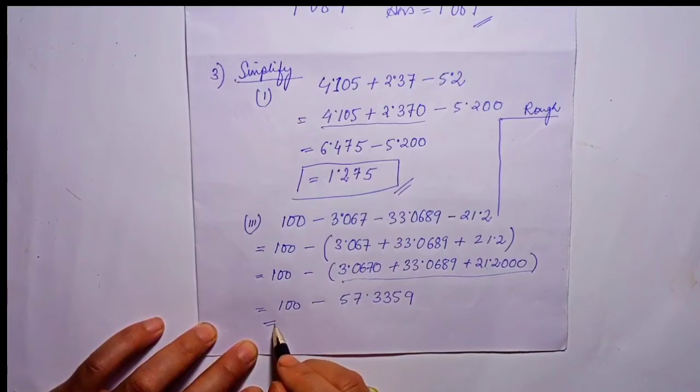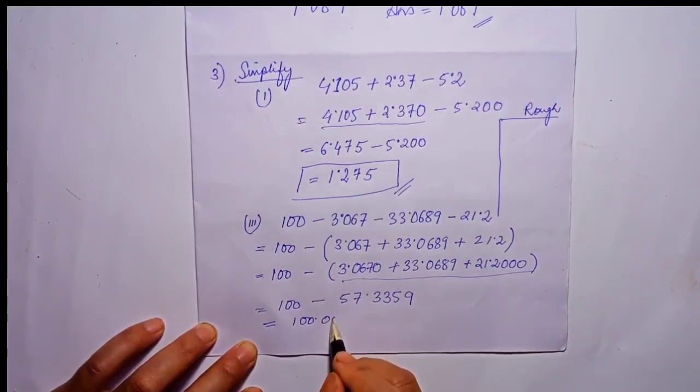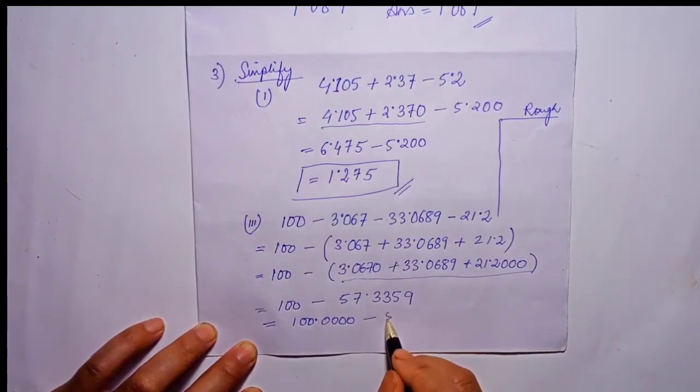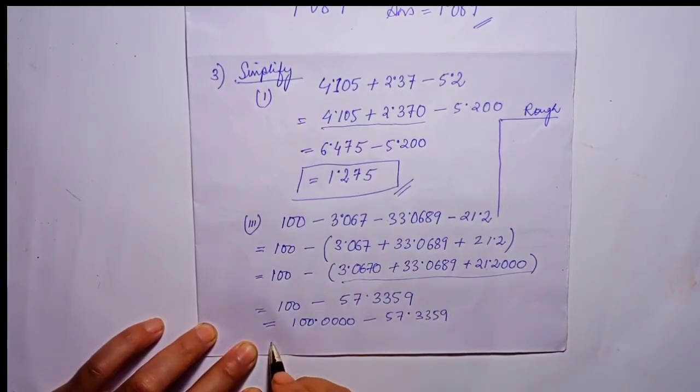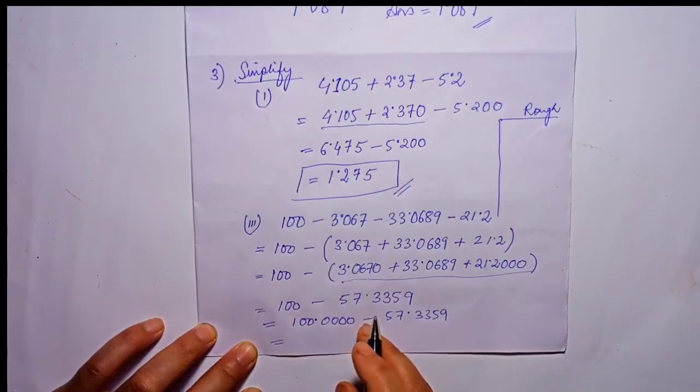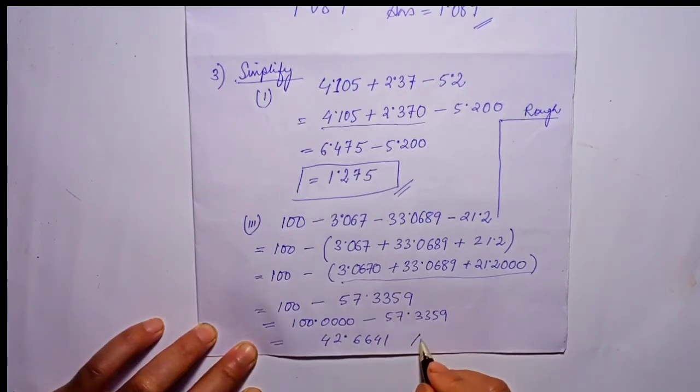Similarly, you make 100 with 4 zeros after the decimal, minus 57.3359. Now easily you can subtract it. If you subtract this, you will get 42.6641. Fine.